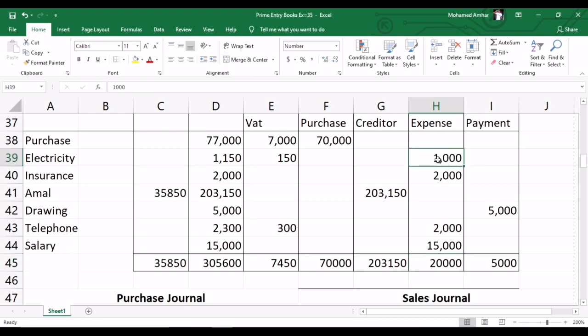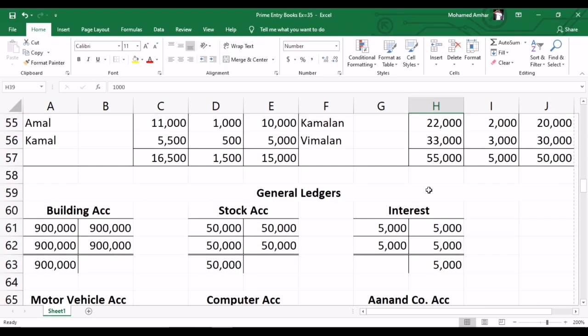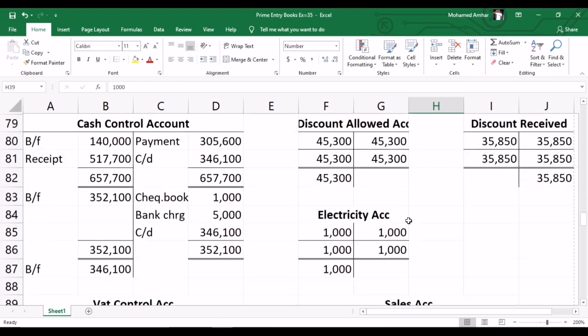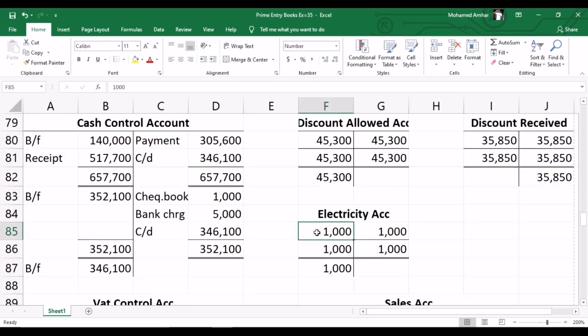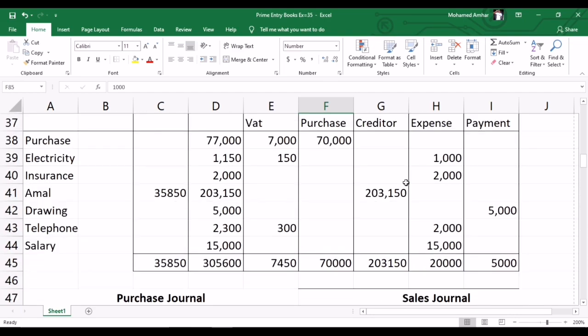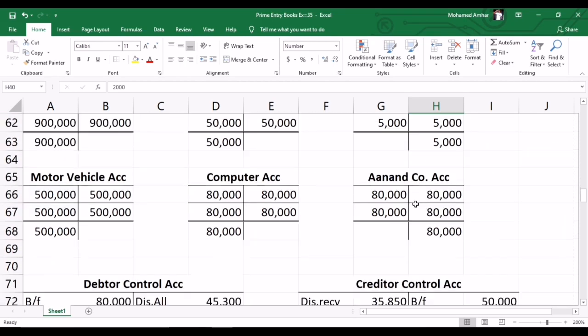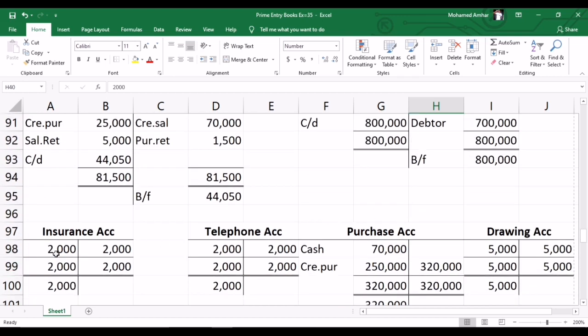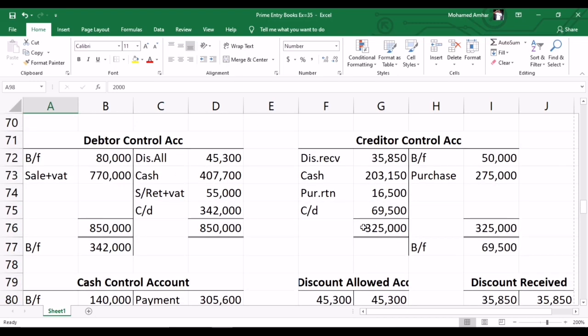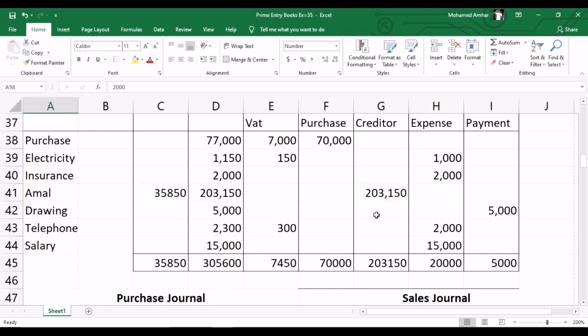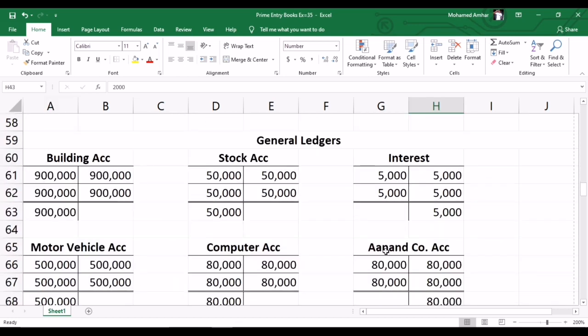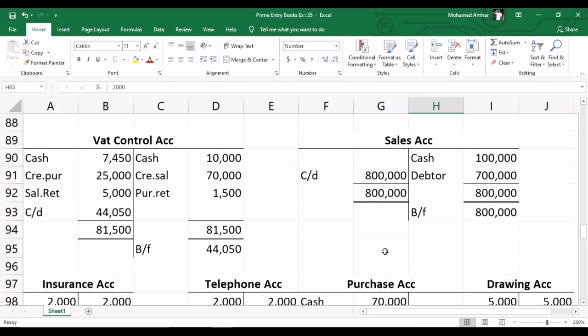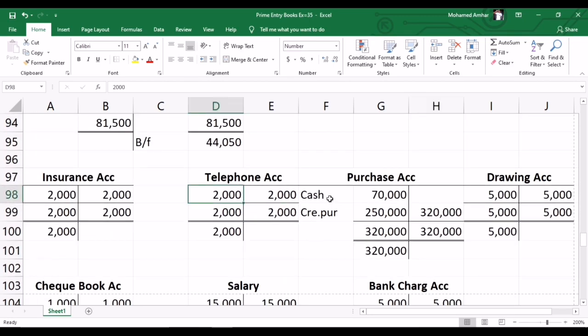1,000 is electricity, so you debit the electricity account 1,000. Then 2,000 expenses insurance, so debit the insurance account. Open an insurance account and debit here 2,000. Then 2,000 telephone charge, so debit the telephone charge account 2,000.